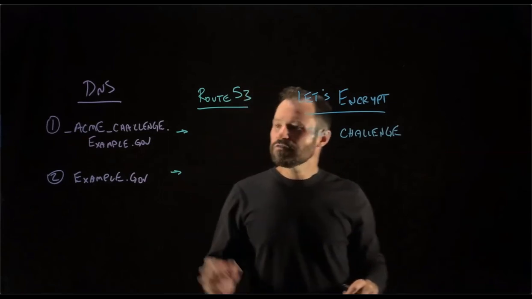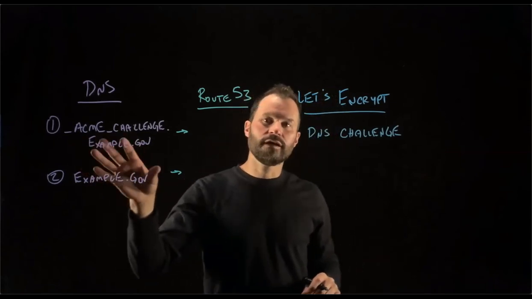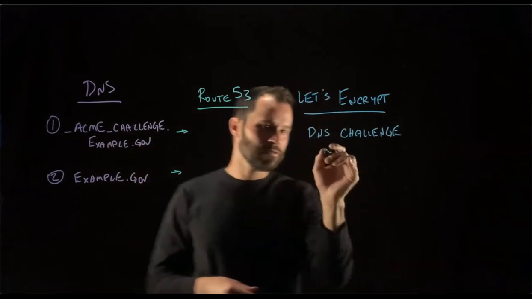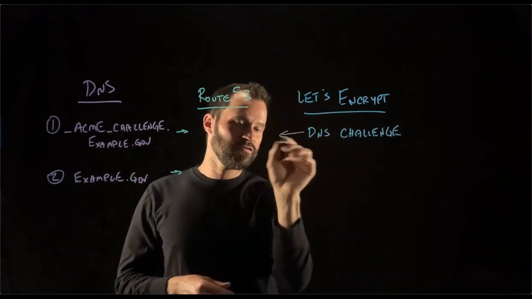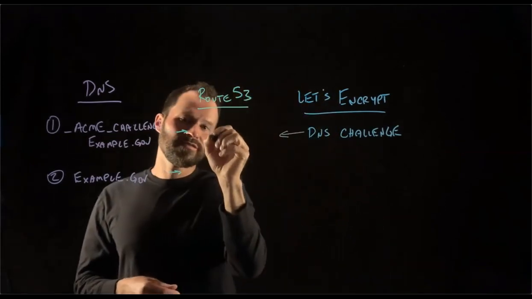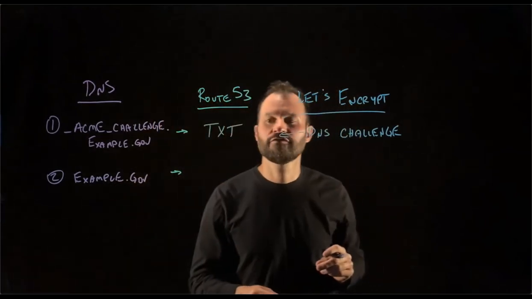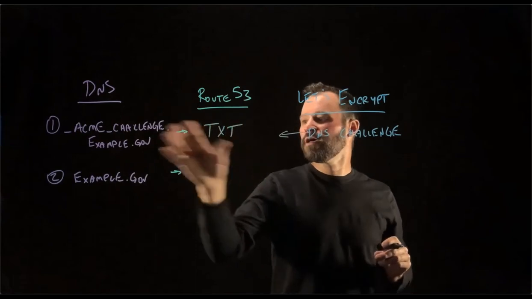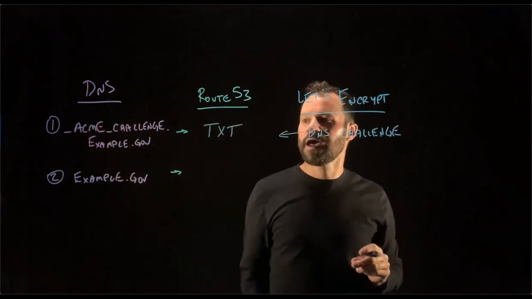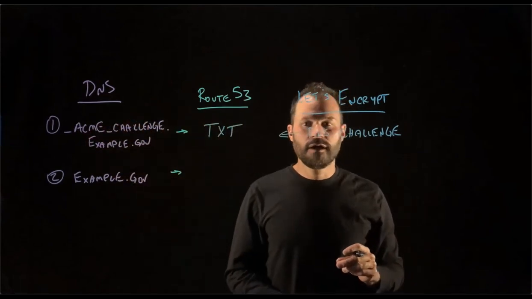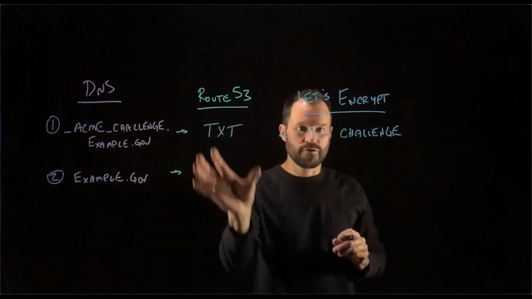Okay? So the reason that we have you set up this CNAME record is so that whatever Let's Encrypt says is the DNS challenge, we can set that in our DNS, and it is just basically a text string, so that when Let's Encrypt looks up acme-challenge.example.gov, the response that they get is the appropriate response.